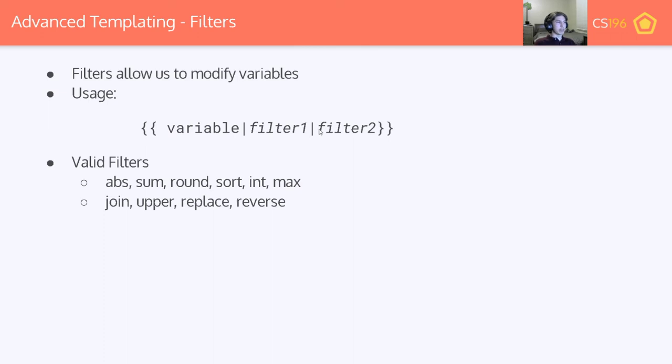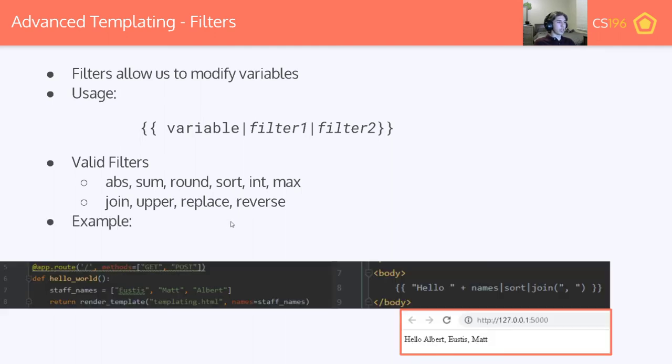There are specific valid filters like absolute, sum, round, sort, int, max, things like this, as well as some more string-focused ones: join, upper, replace, reverse, things like that. Some of these also work on lists, like join and reverse and sort, max, sum. These are all little Python built-in functions that normally we take for granted. We have to implement these in a little bit of a different way.